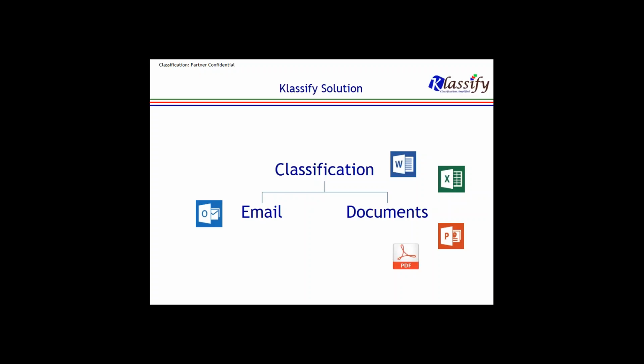Classify will have further enhancements with respect to its feature set, but today what it brings to an organization is the ability to classify and label Microsoft Office documents while they are being created, PDF documents while they are being created and before they're saved. And any email that gets created, before it is sent out to the external world or the internal organization, gets labeled.